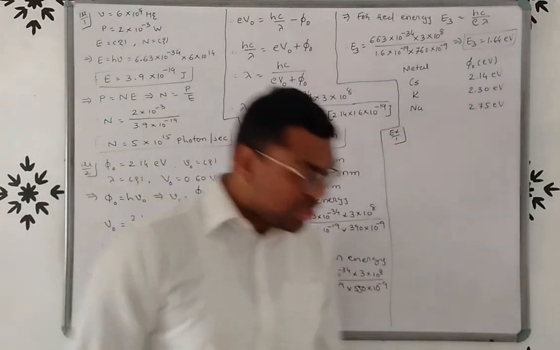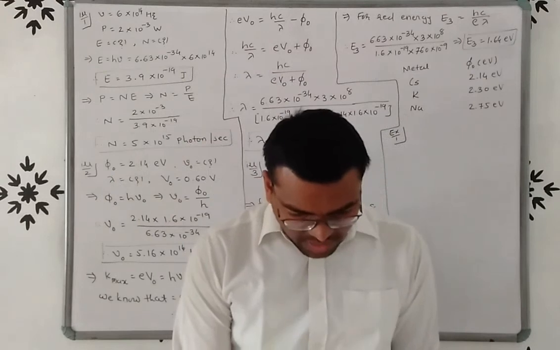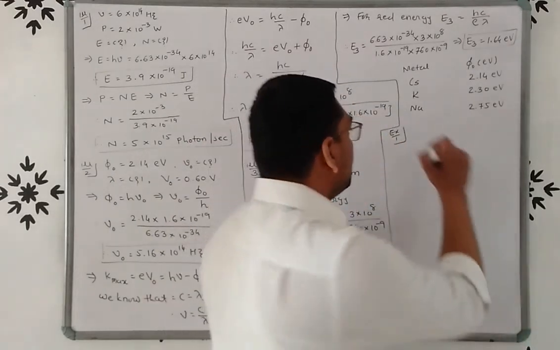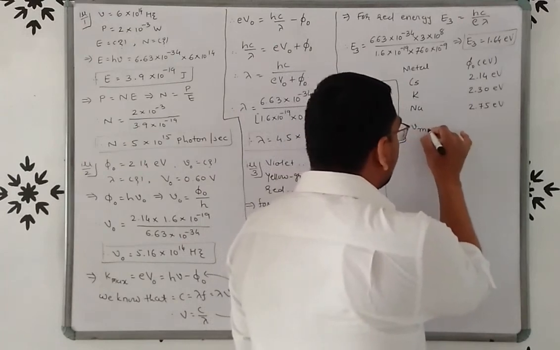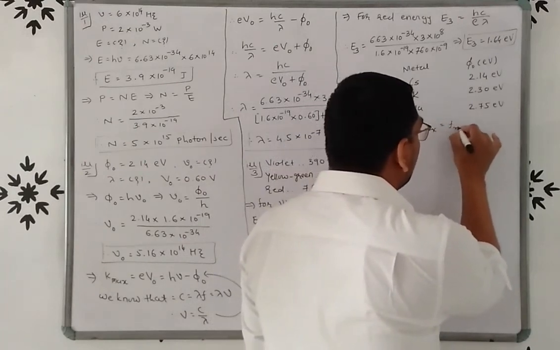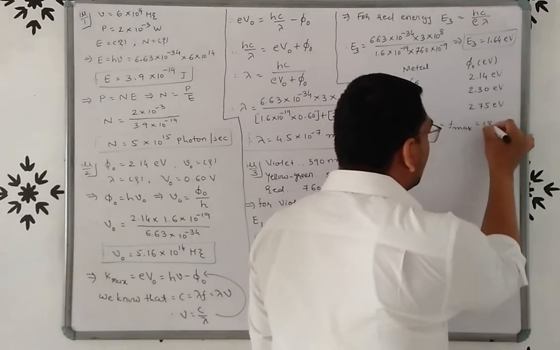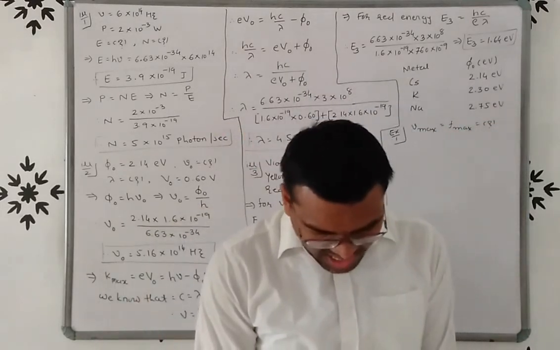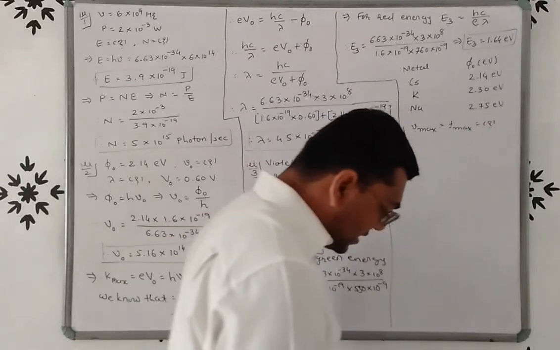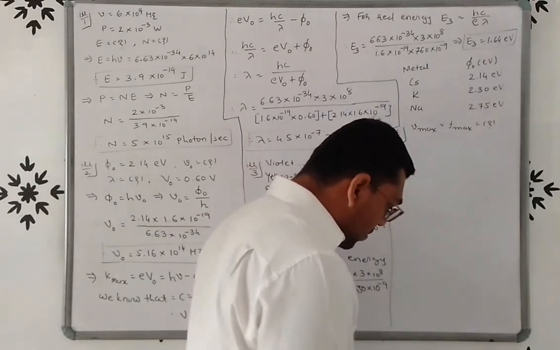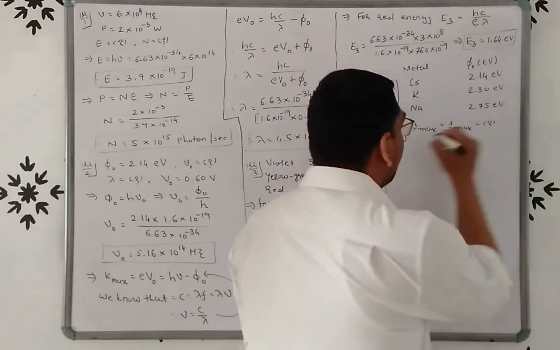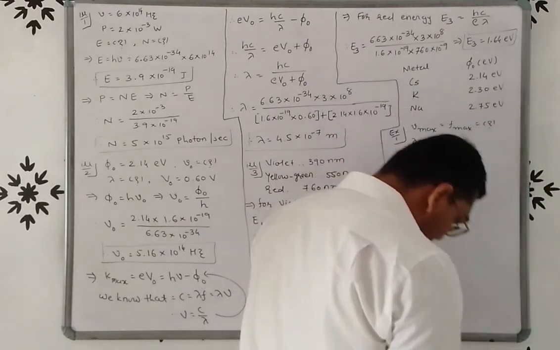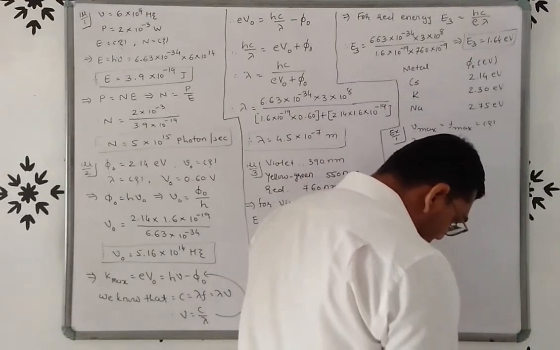See the question. Find the maximum frequency. So here we have to find out the maximum frequency, nu maximum or you can say f maximum, right? Both are same. And B, minimum wavelength of X-ray produced by 30 kilovolt electrons. So we have to find out the minimum wavelength.